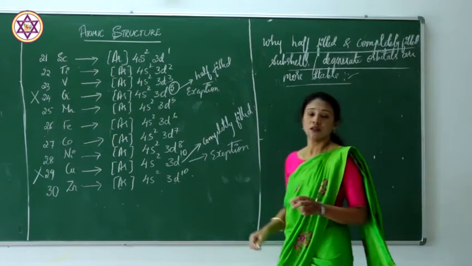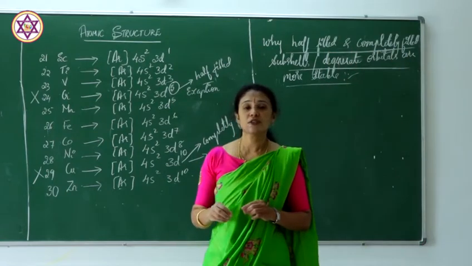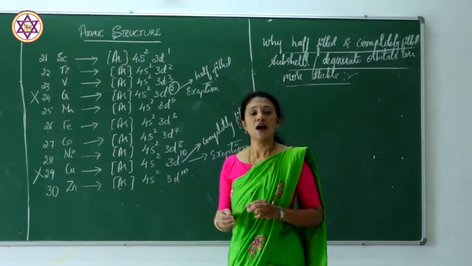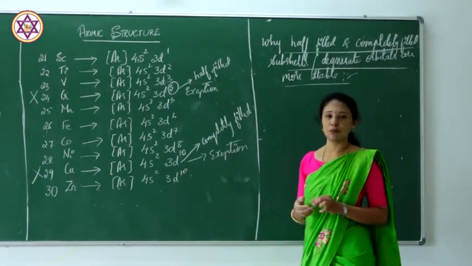Why are these degenerate orbitals having half filled or completely filled subshells more stable? We will come to know about this.